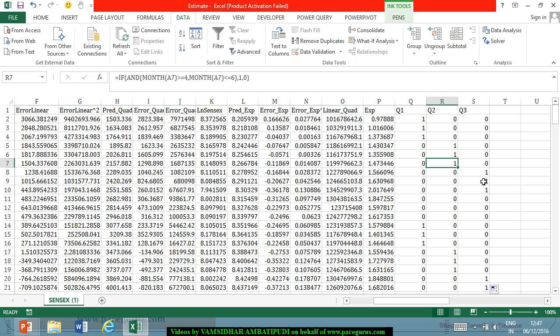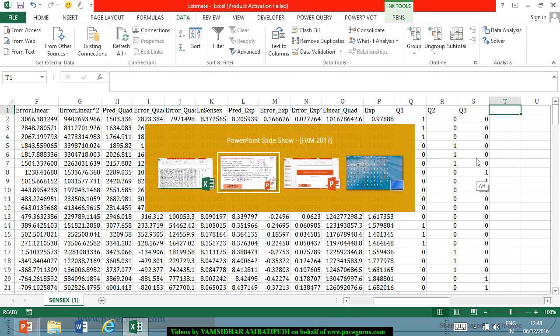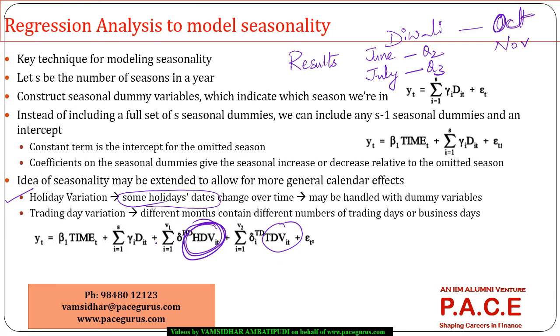So there will be only 1 month in a year where Diwali has come, and depending on the date, I would track that particular month to be 1 and the other months to be 0. So even then I am creating one more dummy variable to handle the holiday variation.